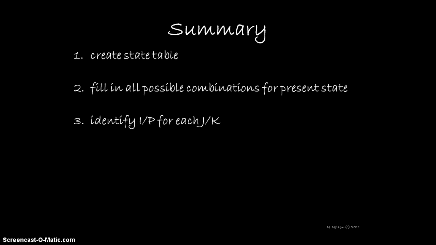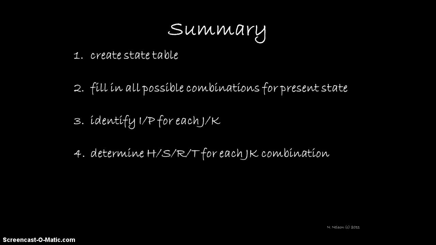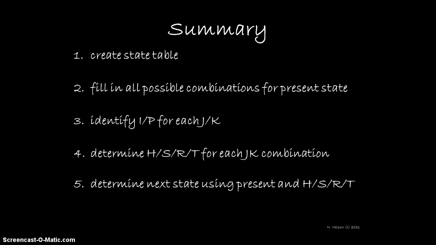Identify the logic that defines each flip-flop's J and K input. Write this at the top of the appropriate column. Determine whether each JK pair represents a hold, a set, a reset, or a toggle. Mark it in the transition column. Determine the next state based on the present state and the specified transition. Finally, draw your state diagram.